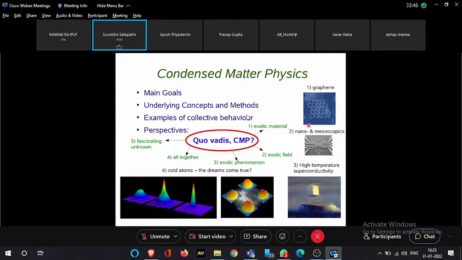Before I start a conventional discussion about these materials, I wanted to say that condensed matter physics includes both solid and liquid. It has lots of different goals, and lots of things were explored during the previous few centuries, which led to the foundations of condensed matter physics. The most important one, which you may already know a little bit, is quantum theory.